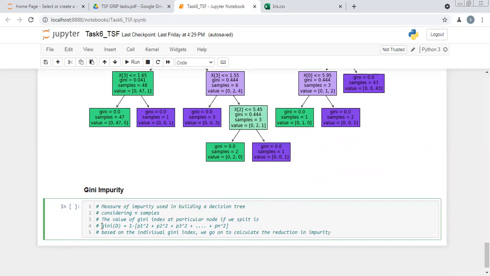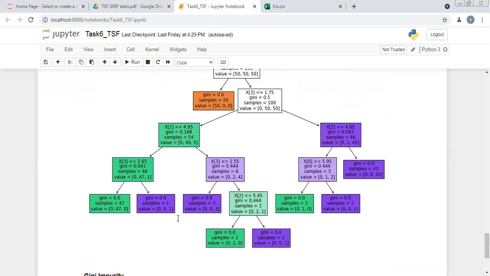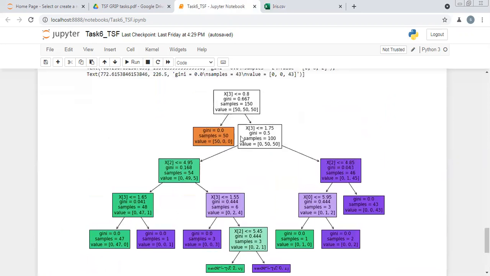If we consider two samples, then the Gini index will be equal to 1 minus the square of the probability of the first sample minus the square of the probability of the second sample. We'll understand this with this particular decision tree plot.